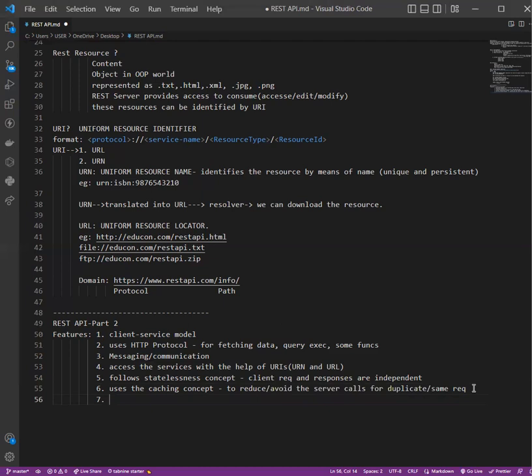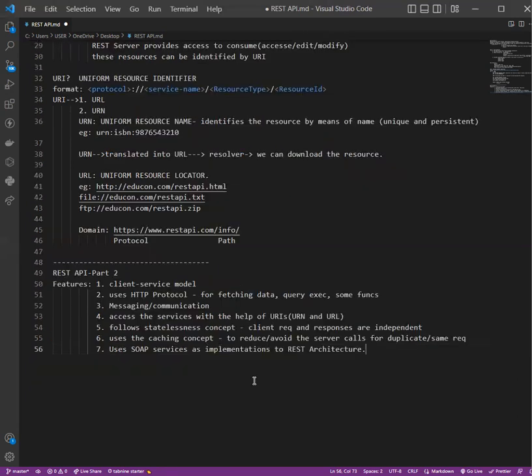So these are the 7 key points or 7 features which we can see in REST API.